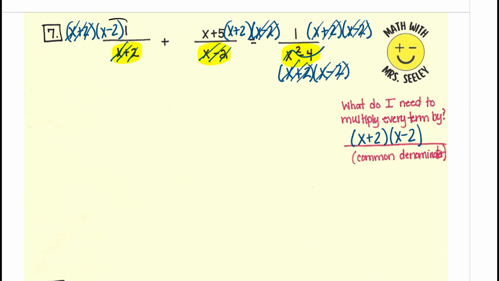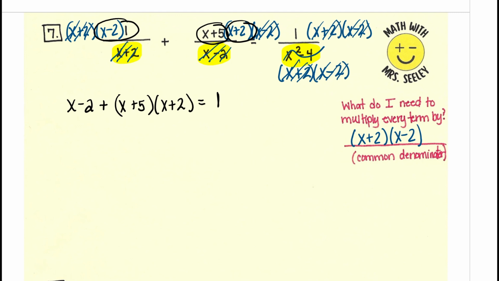We've got an x minus 2 for that part, plus we have an x plus 5 and an x plus 2. So x plus 5, x plus 2 is equal to 1. All right, let's solve the equation. Bring down your x minus 2. Right here, you're either going to distribute or FOIL, whichever one you call that.